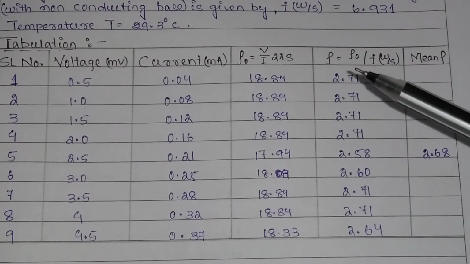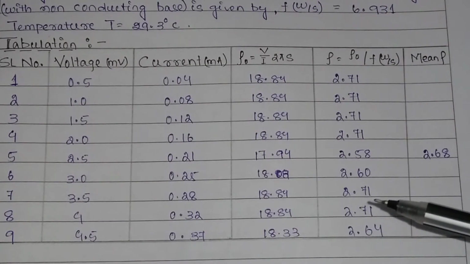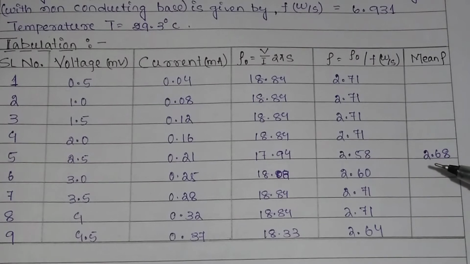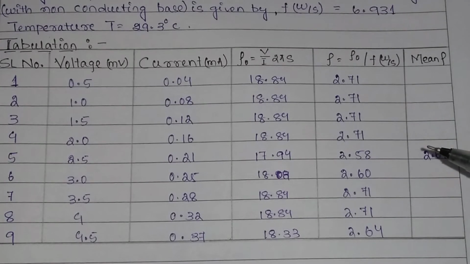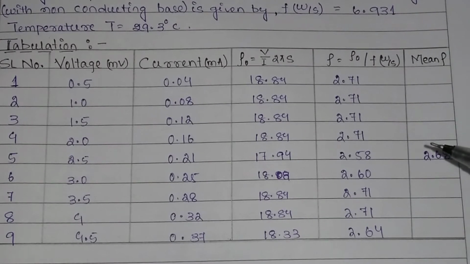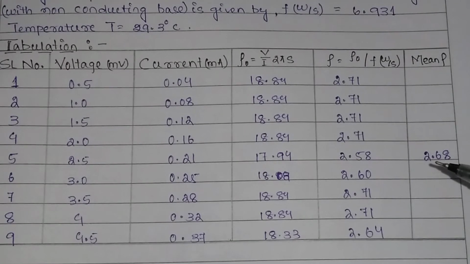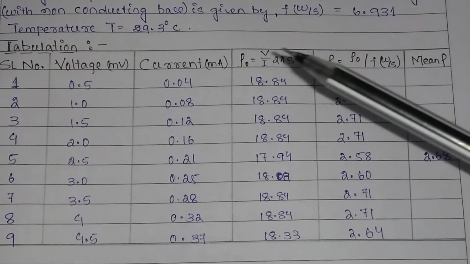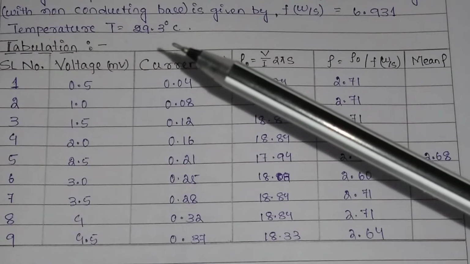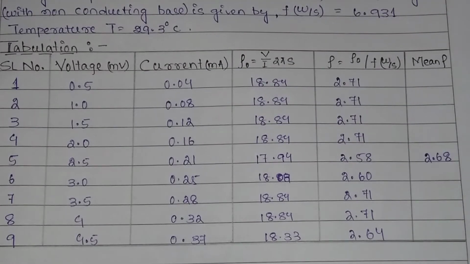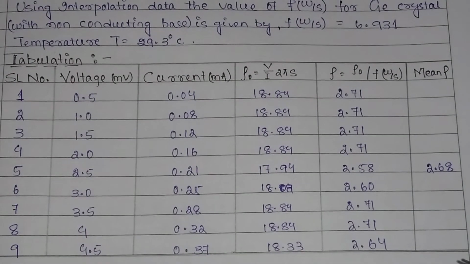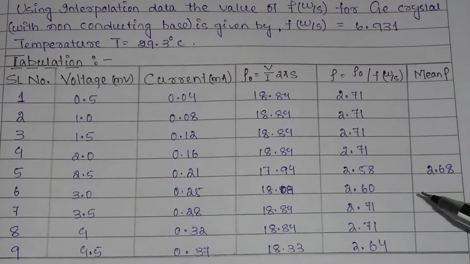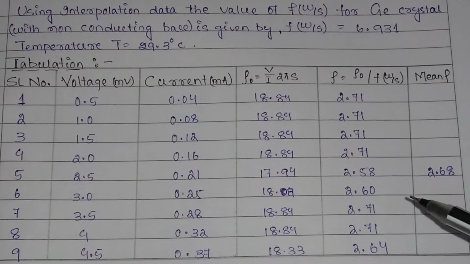So you will get individual rho, and you take the mean value, which is equal to 2.68. For this sample, the resistivity is equal to 2.68 at a temperature of 29.3 degrees centigrade, and this is in CGS unit, so its unit will be ohm centimeter.